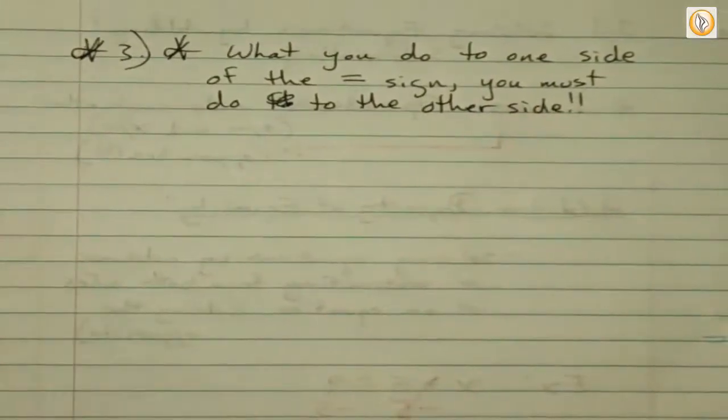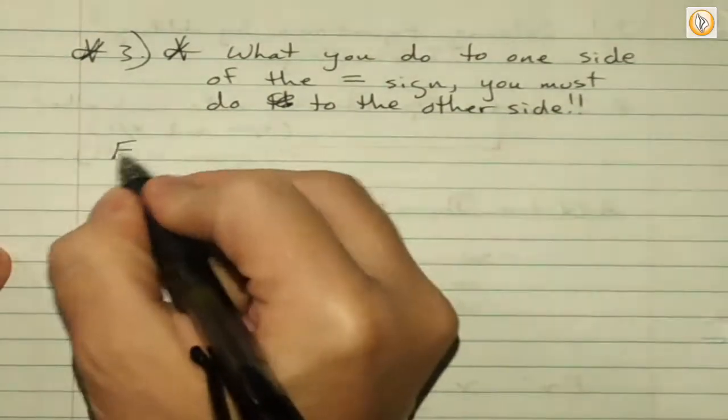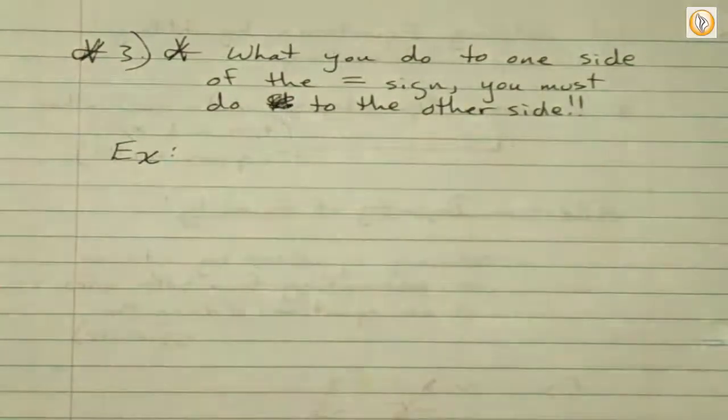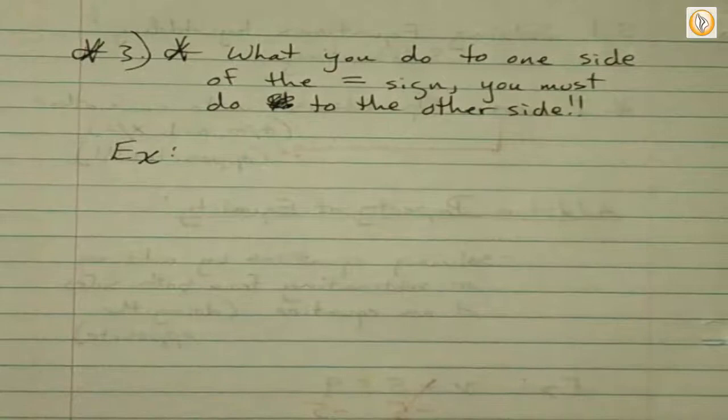So just like what we did, if we're subtracting on one side, we got to subtract on the other. So write that down. What you do to one side of the equal sign, you must do to the other side.